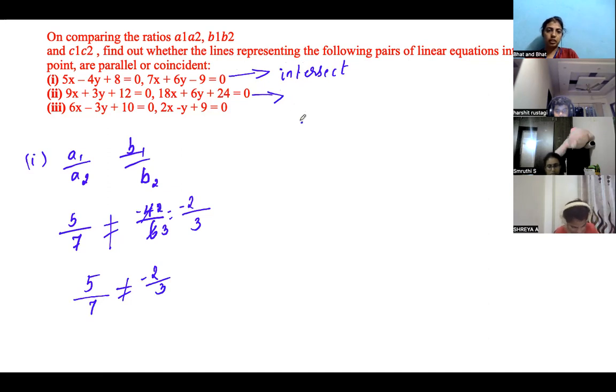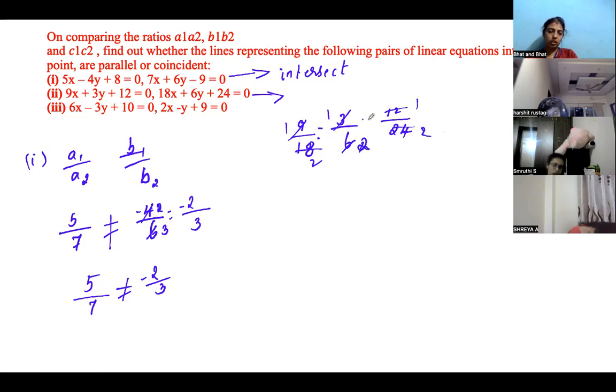Now for this, let us see. A is 9 by 18, then B is 3 by 6, and C is 12 by 24. Correct? Ones are, twos are. So all are equal.